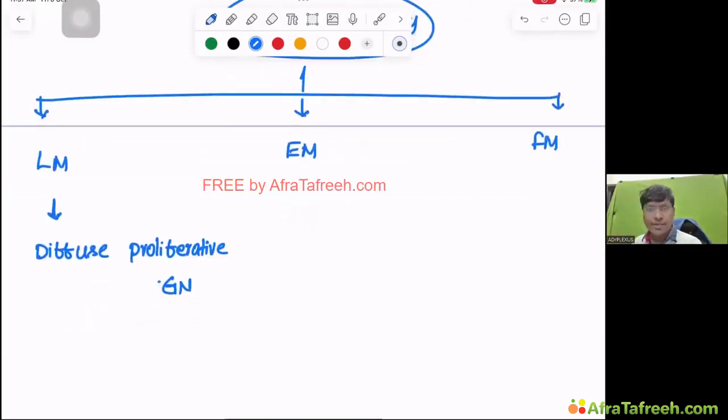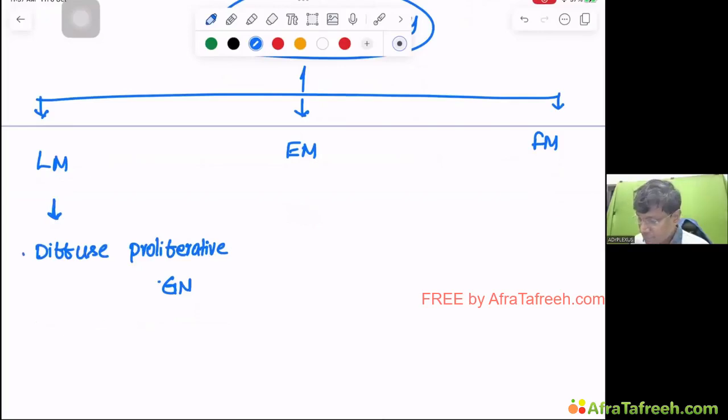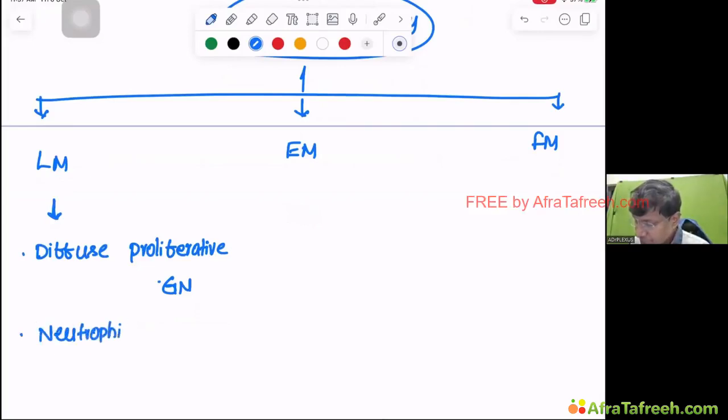Right? Light microscopy, it is diffuse proliferative glomerulonephritis. What will be there in that? You will have the presence of numerous neutrophils, right?